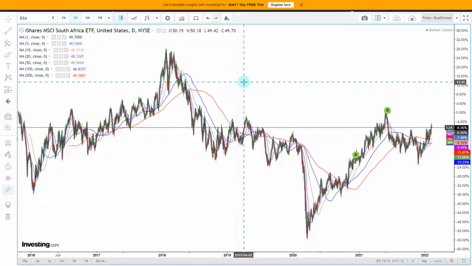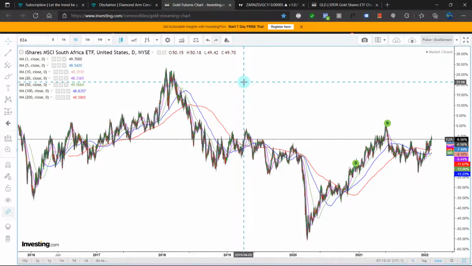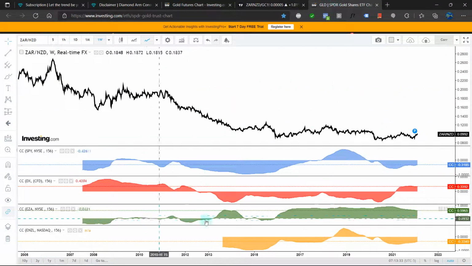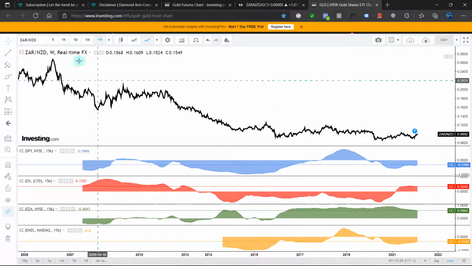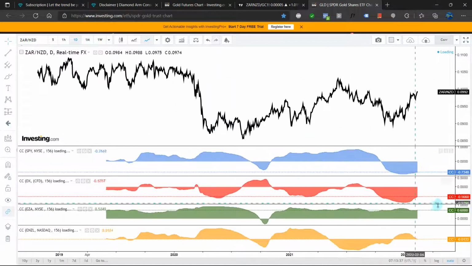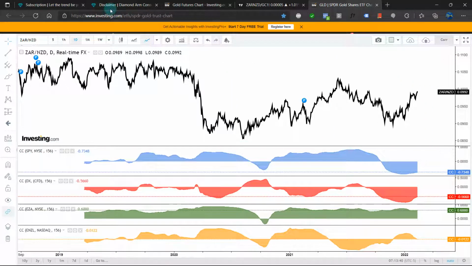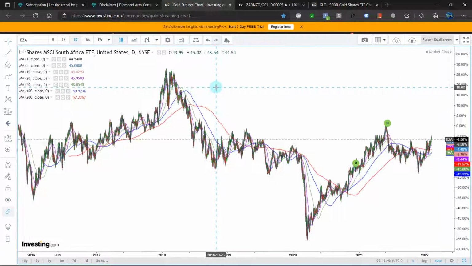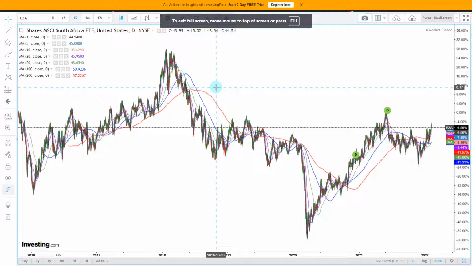And we do have that inverse head and shoulders pattern, which is a point to the bulls, though the correlation between the currency pair and the South African stock market was positive, but not very strong. So if we quickly look at it, 60% positive long term and 60% short term, that is a strong correlation, but well, it is positive, but it's sort of kind of strong.